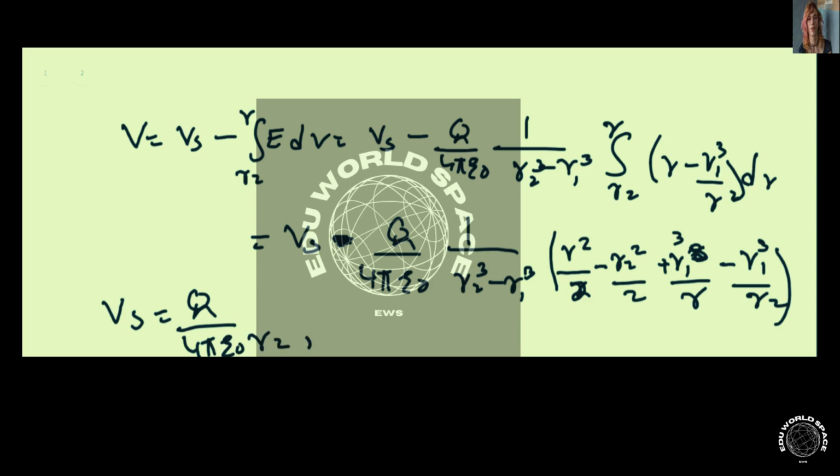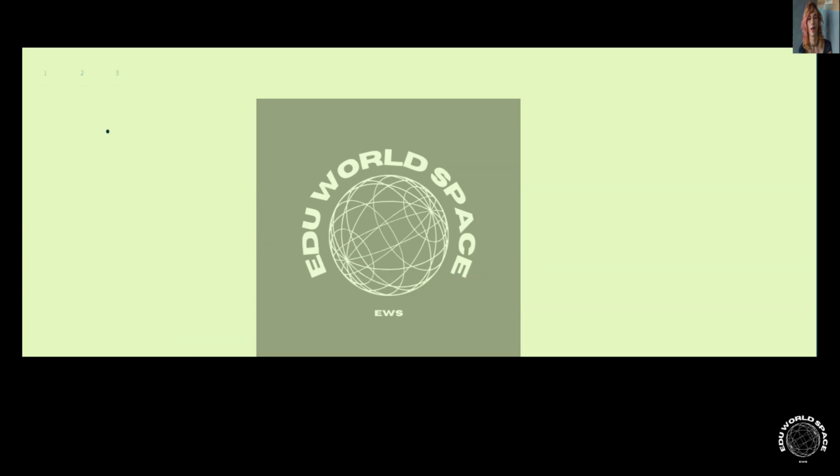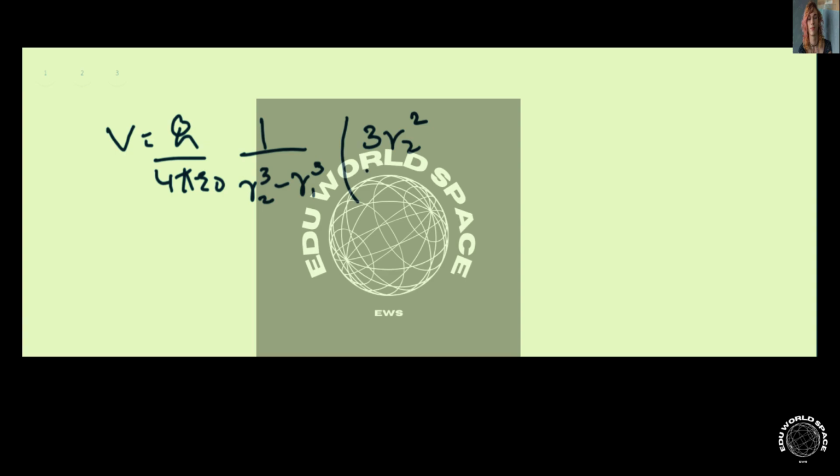We make this substitution and collect the terms to find V. So V is equal to Q divided by 4 pi epsilon times 1 over R2 cube minus R1 cube, into 3R2 squared divided by 2 minus R squared divided by 2 minus R1 cube divided by R.